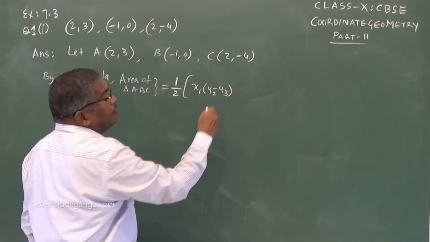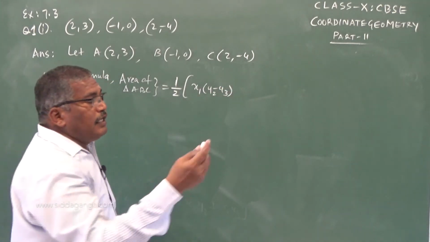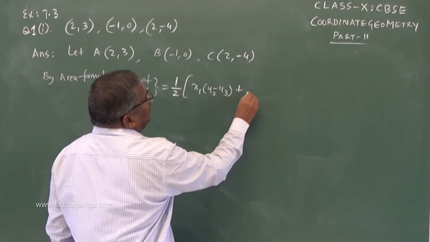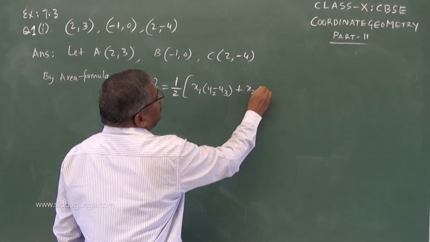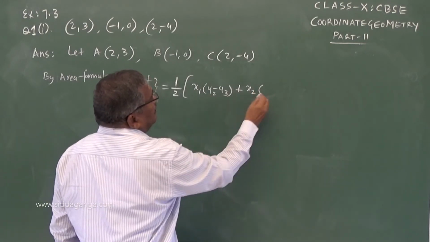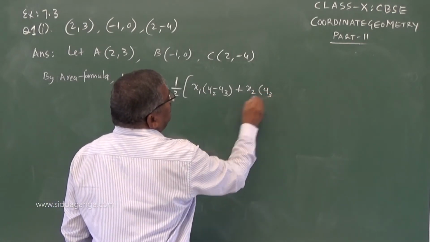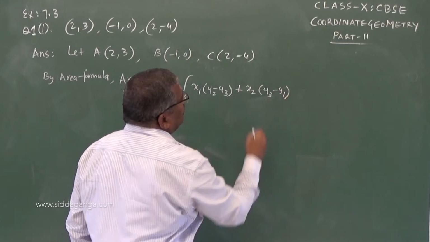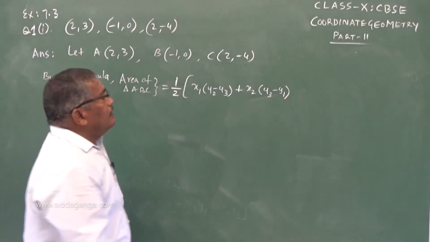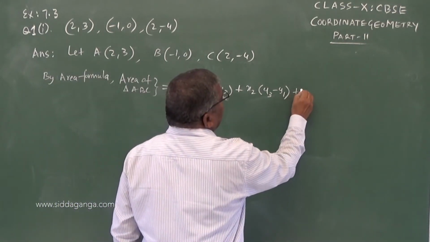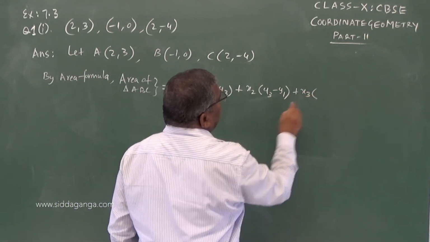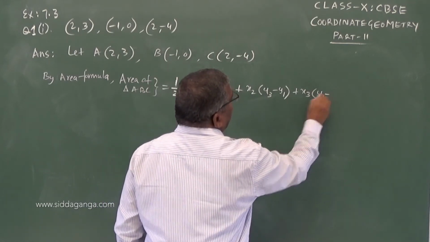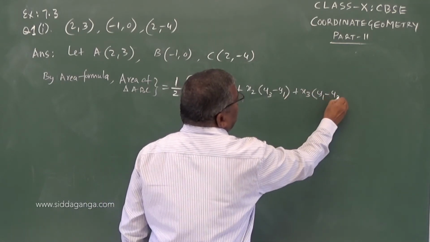It is easy to remember, it is in the cyclic order. Here we got x1, we will get x2 here; y2 is there, we will get y3 here; y3 is there, we will get y1 here. That's all. Plus x3 into y1, y3 becomes y1, y1 becomes y2.